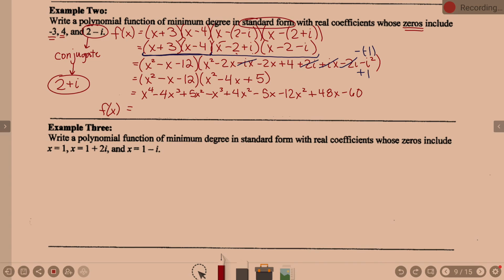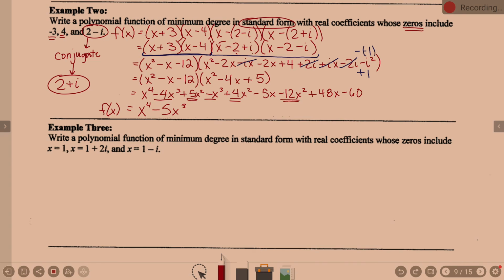And now it's the cleanup step. X to the 4th. Minus 4x cubed minus x cubed is going to be minus 5x cubed. 5x squared plus 4x squared is 9x squared.